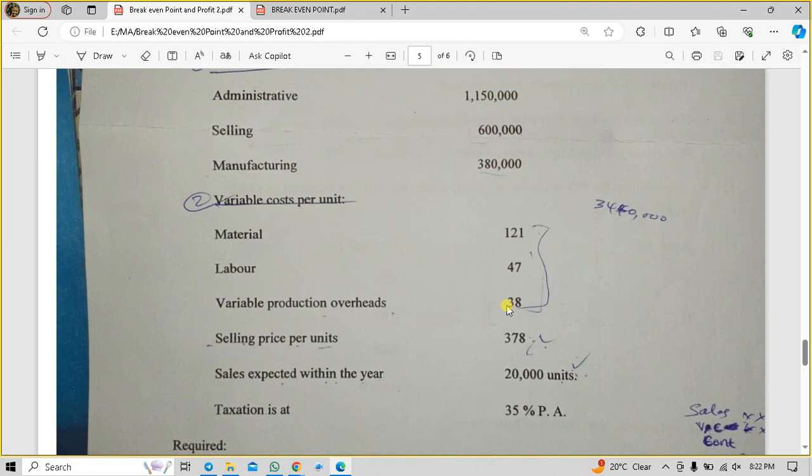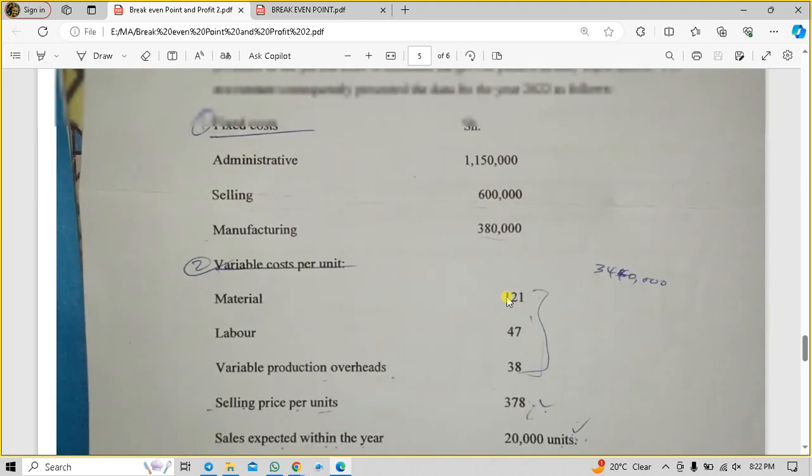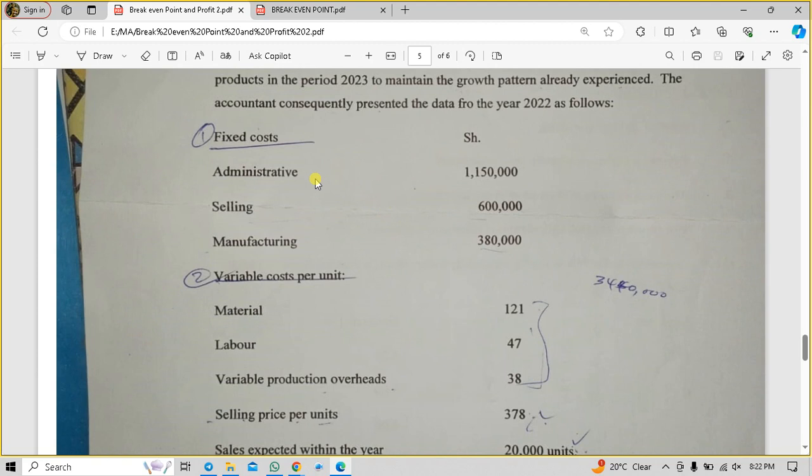So let's subtract the fixed costs. Fixed costs ziko wapi? Naona zindo hizi. So we will start with administrative, then selling, manufacturing. Ni mulifika huko saa ngapi?